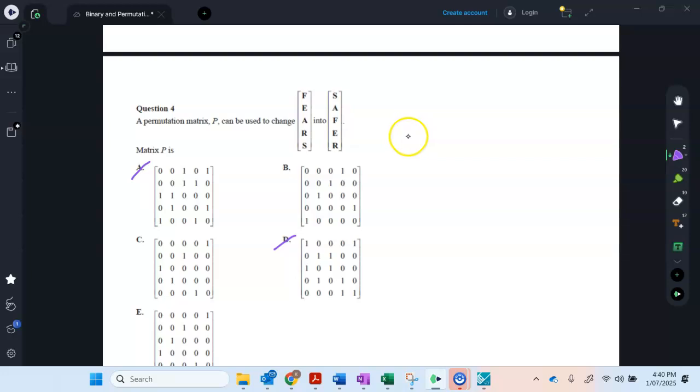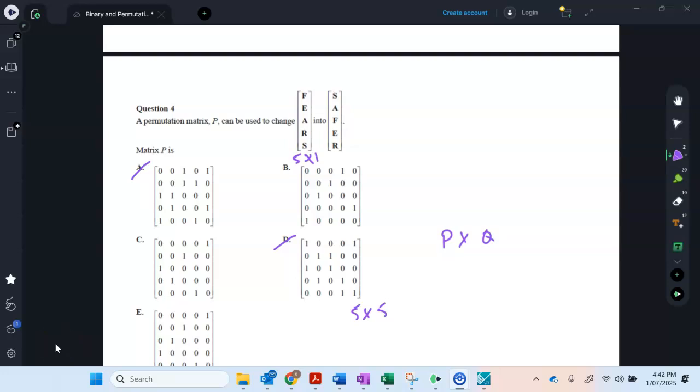Now, thinking about whether it's a row or column permutation, we've got a 5 by 5 matrix as our permutation matrix, and my column is a 5 by 1. So 5 rows, 1 column. So that means my permutation matrix has to come first. So let's call it P times Q.